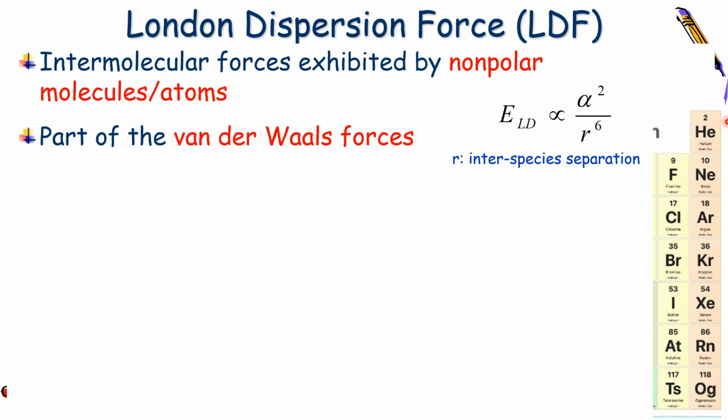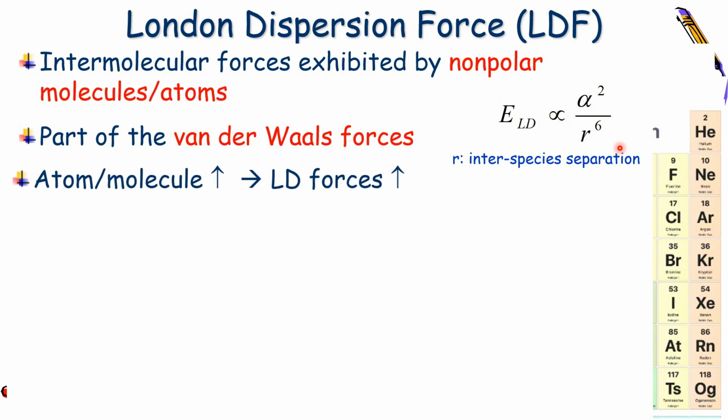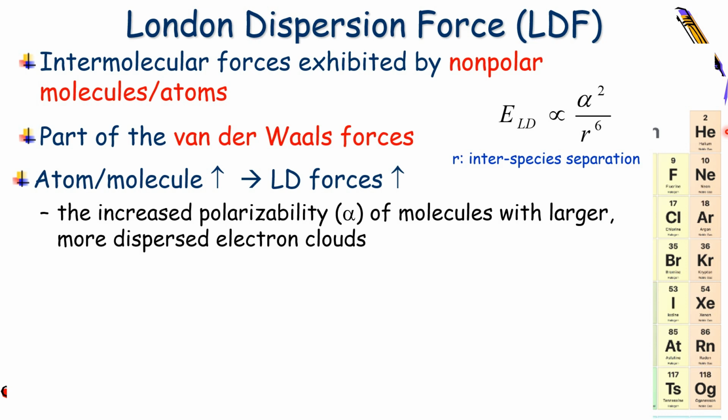Again, this is proportional to the polarity and the distance. So if you have bigger molecules, the London dispersion force will increase. Okay? So the polarity increases in molecules with a larger and more dispersed electron cloud. Of course, you have a lot of electrons, so it's easy to have an induced dipole, right? Because electrons are very far away from the nucleus if you have bigger atoms or a lot of electrons.